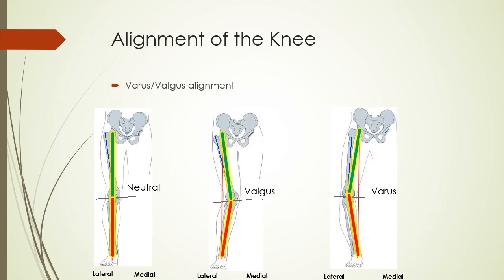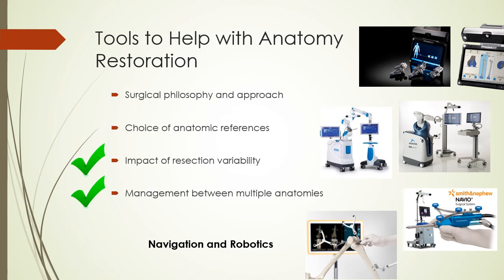Another very common example is how do we restore the alignment of the knee, and that's considering both femur and tibia at the same time in terms of restoration to neutral alignment. So that takes a cross management of the anatomic restoration. There are tools available to help us better manage anatomic restoration.